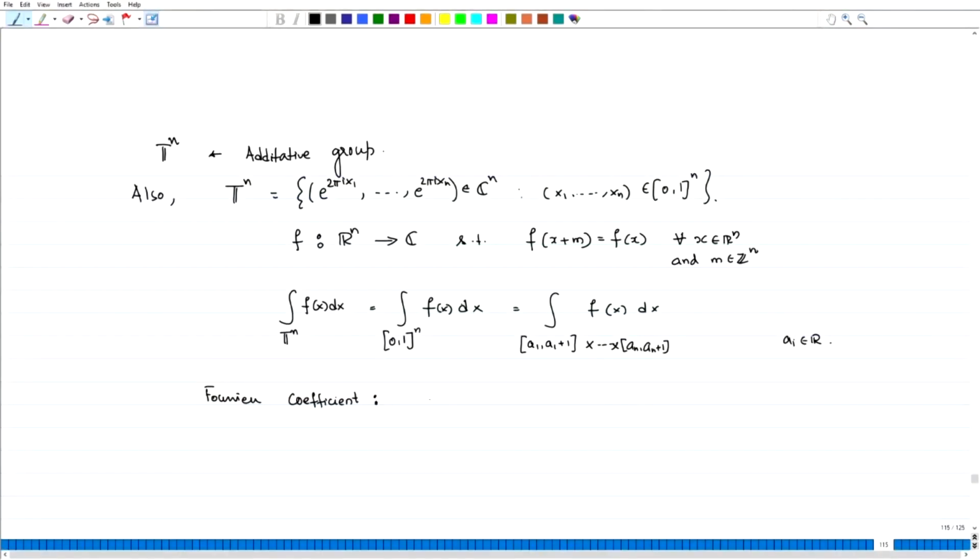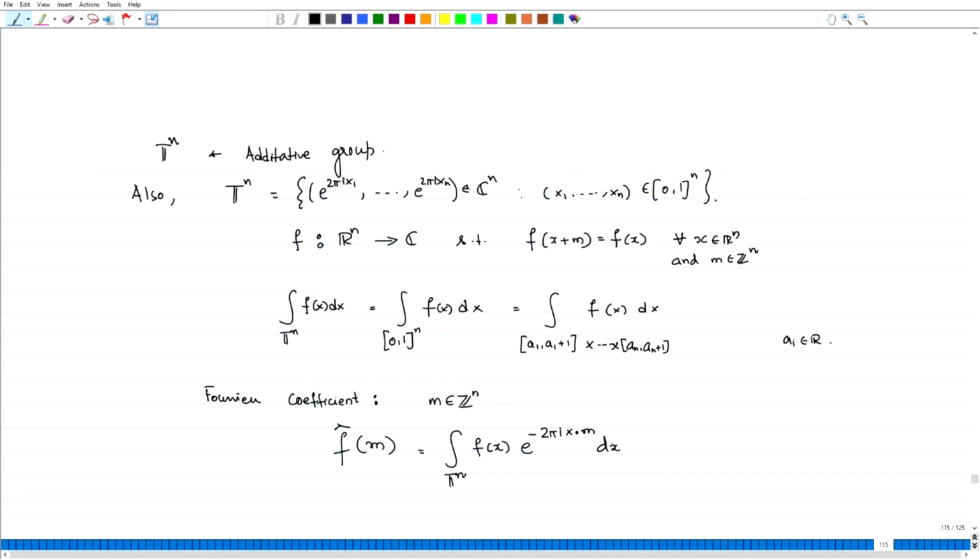So for m belonging to Z^n, we define f hat of m equal to the integral over T^n of f(x) e^{-2 pi i x.m} dx.